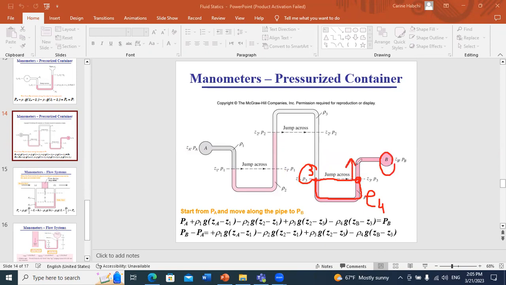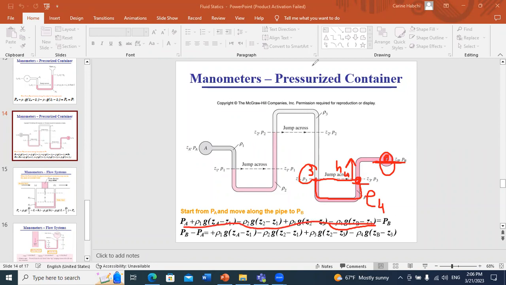Because I'm moving upwards, the pressure will decrease. So now I should do minus rho 4g times height 4, okay? And height 4 is ZB minus Z3. So now I reached point B, so I can say that the whole term is equal to PB.